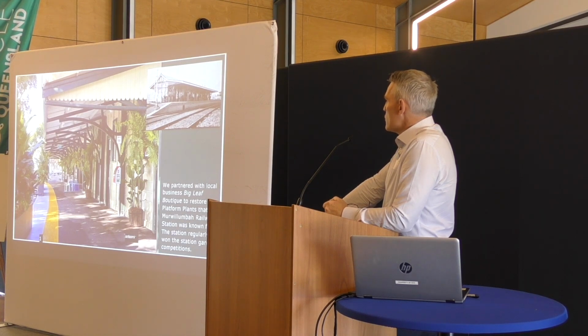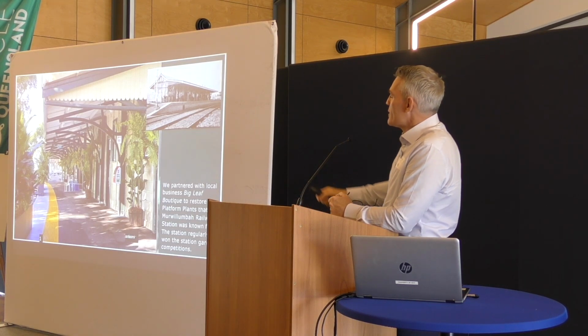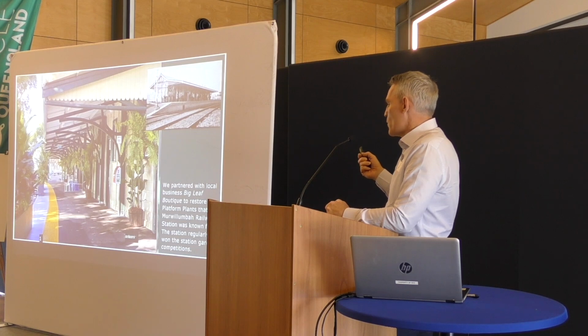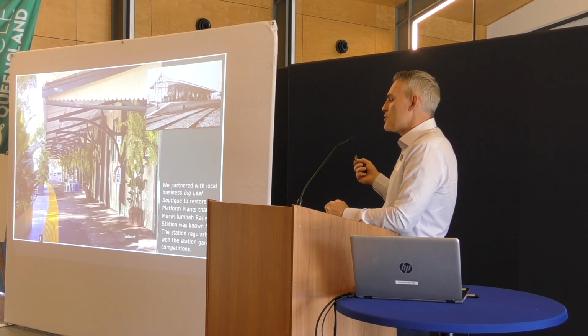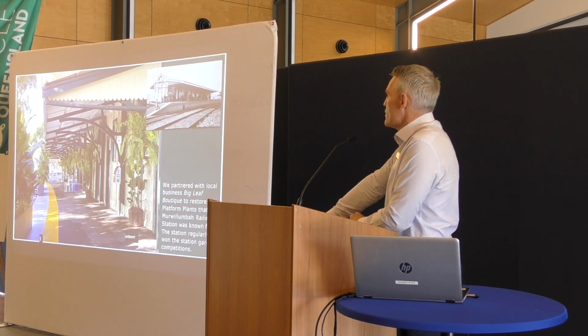That's the station, just quickly refurbished, so I can't take any credit for that apart from putting down a big fat yellow line. Tiffany's team did that one, brought the plants in, but the reason why I put that on there, not only because it's a nice photograph of the station, but just to recognise that when you're doing these projects, you want to use local businesses wherever you can, to bring them in on that journey, because they then speak for your project. So this was a local business that helped out with all the vegetation.